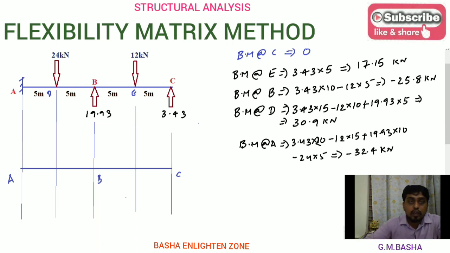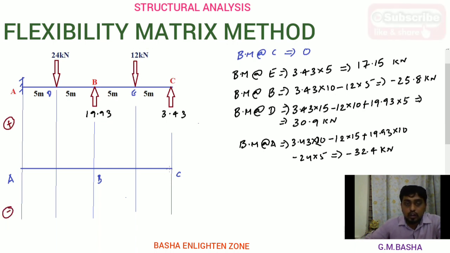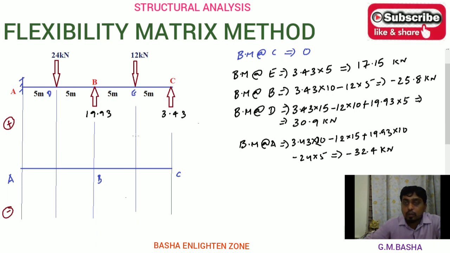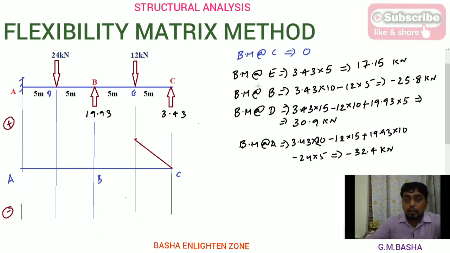Always remember I am taking the upward side positive and the downward side negative. So the bending moment at C will be equal to 0, and at E it will be 17.15. Using some scale, I am drawing from here to here. Okay, and again talking about B, the bending moment at B will be equal to minus 25.8. Upward side positive, downward side negative. So in the negative direction up to 25.8, somewhere I am taking in the scale.